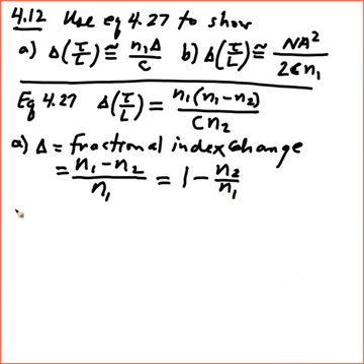And so this gives us that n2 over n1 is 1 minus delta.